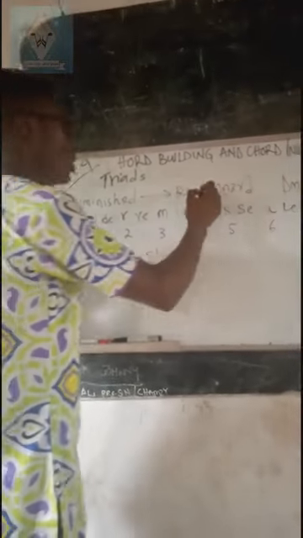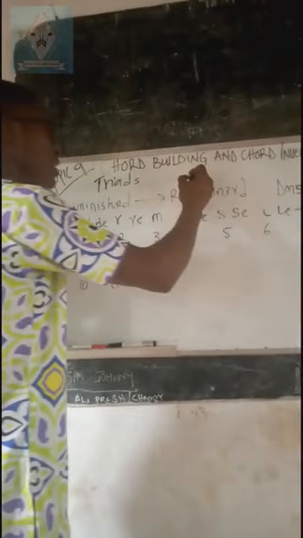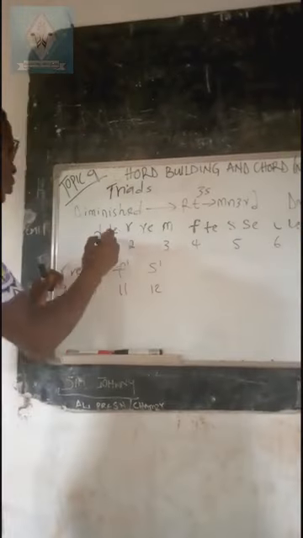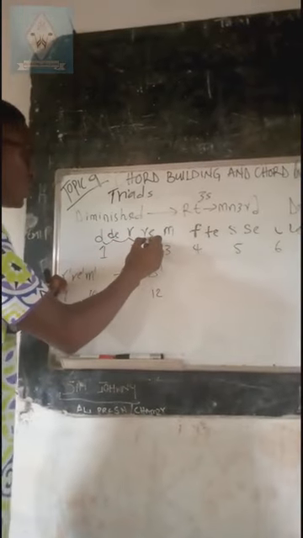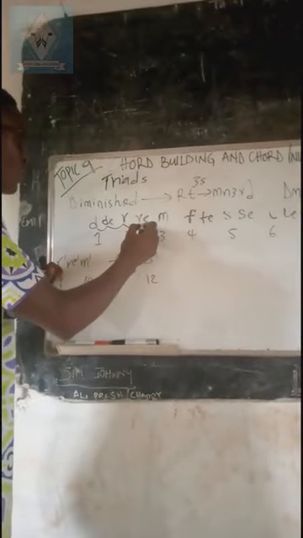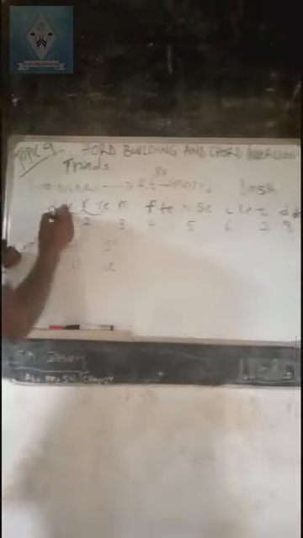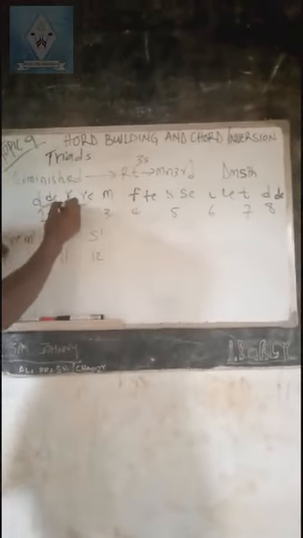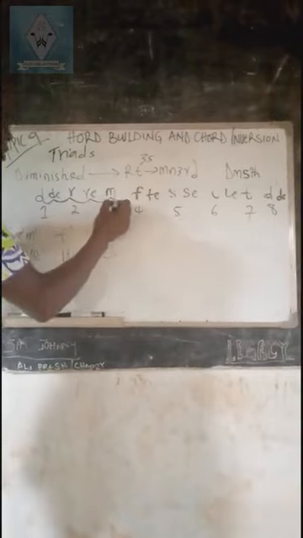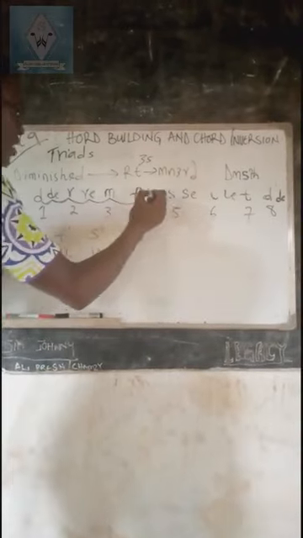Now, from the root to the minor third, as we say, is 3 semitones. 1, 2, 3. Now, from the root to the diminished fifth, we have 1, 2, 3, 4, 5, 6. 6 semitones.